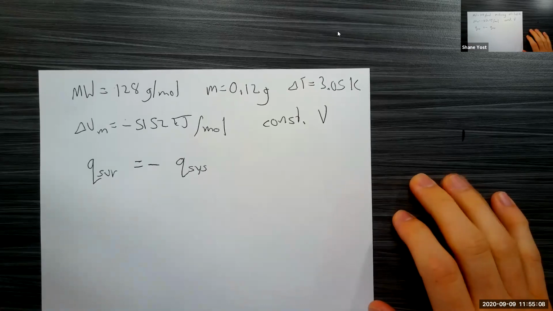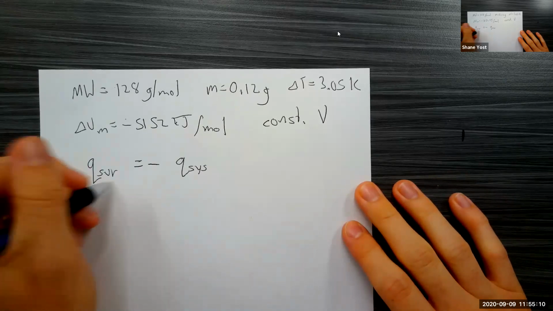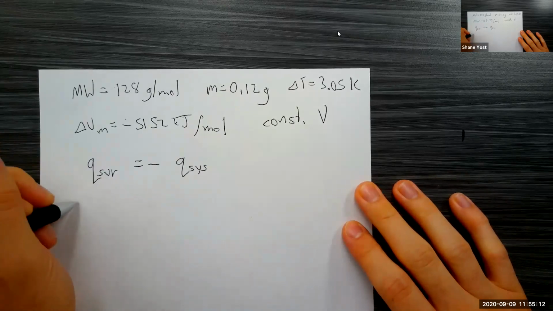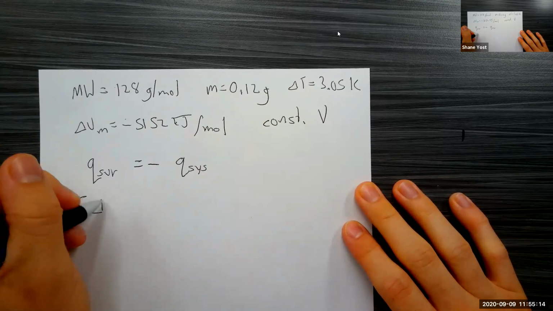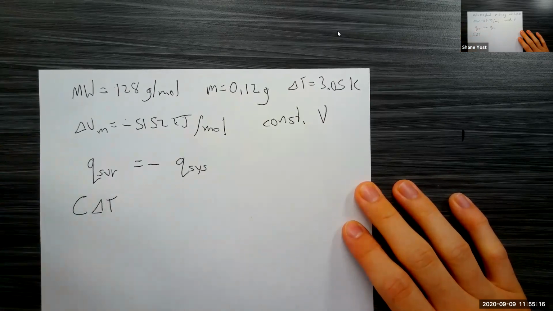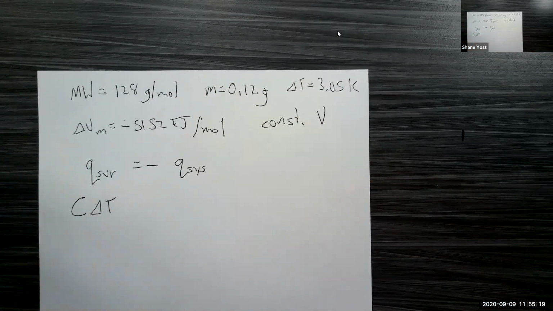And so Q surroundings is just my calorimeter constant times the change in temperature that occurred. The system is my chemical reaction that goes off and generates a bunch of heat. That heat is absorbed by water that surrounds this chemical reaction, not necessarily in the same container.